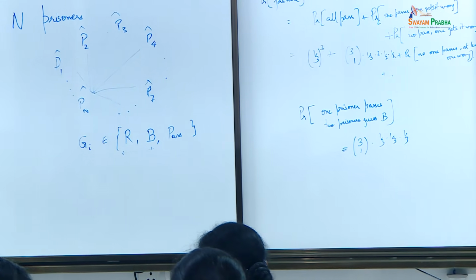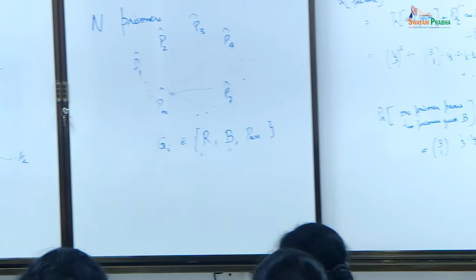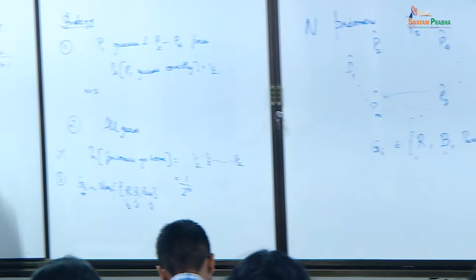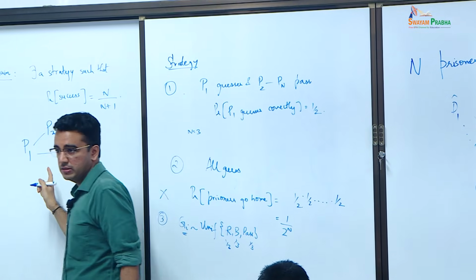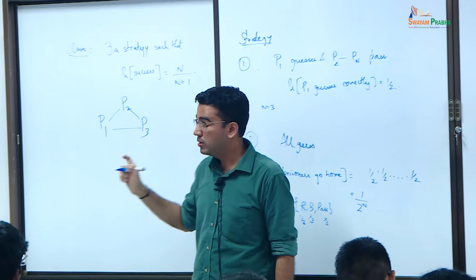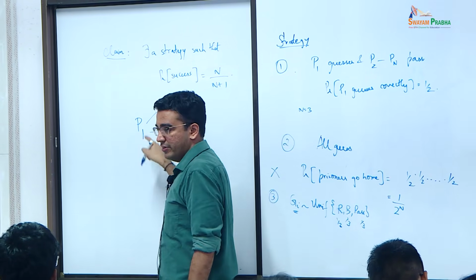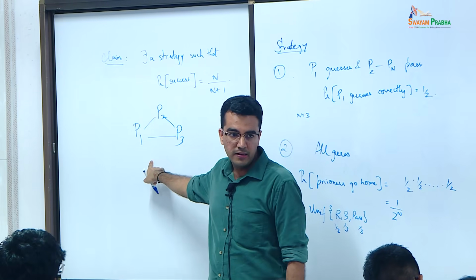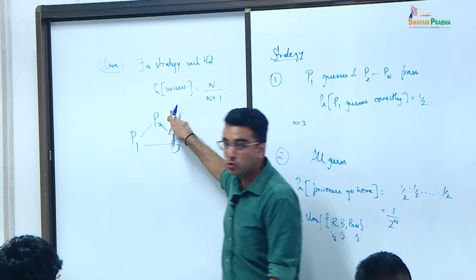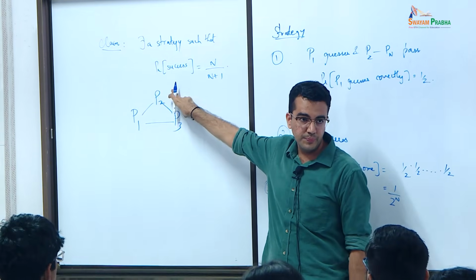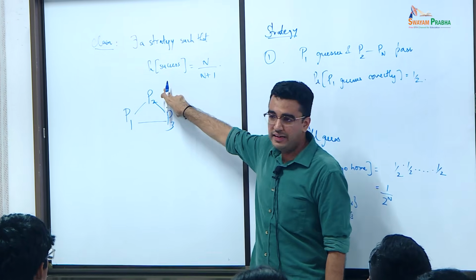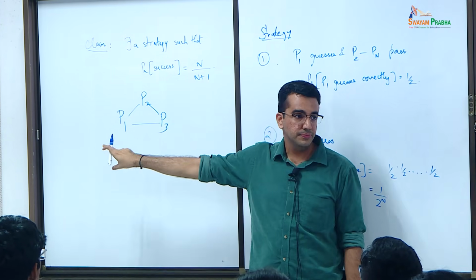So consider the case where you have 3 prisoners, P1, P2 and P3. They all have a good look at each other's hats. Okay. So whenever any prisoner sees that the other two hats are the same, then he guesses the opposite color.